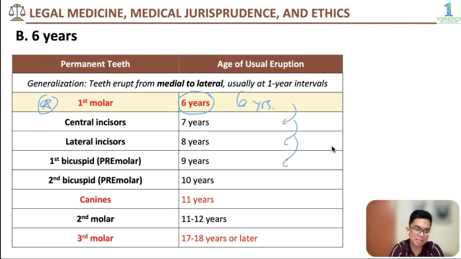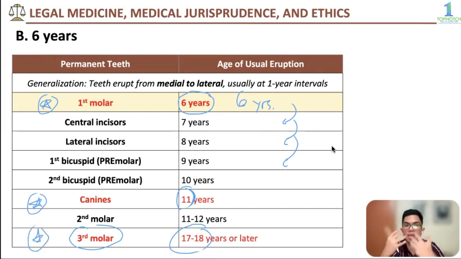Yung exception dyan is the first molar kasi siya yung unang-una kasi hindi naman siya most medial. And then the canines, so parang mas later in life siya, so at 11 years pa siya. And then the third molar, so although it's the pinakagilid, it appears later in life pa, up to 18 years or even some sa adults na. Okay? So just remember these three na exceptions, and then the rest, okay, guide mo na lang medial to lateral. Okay?